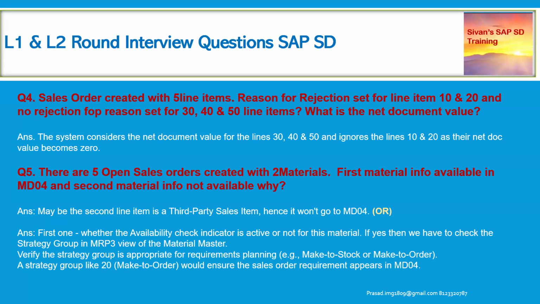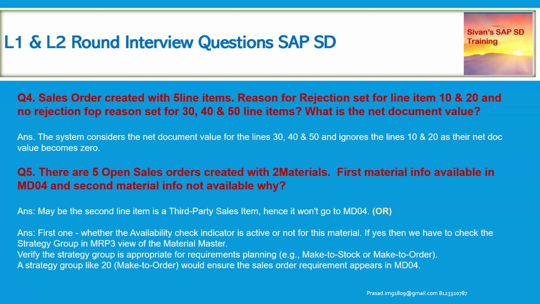Whenever there are multiple line items maintained in the sales order and any one of them gets rejected, the system will not consider the rejected line items' net document value because in standard SAP their value becomes 0. Hence it will not calculate the net document value for those rejected line items.